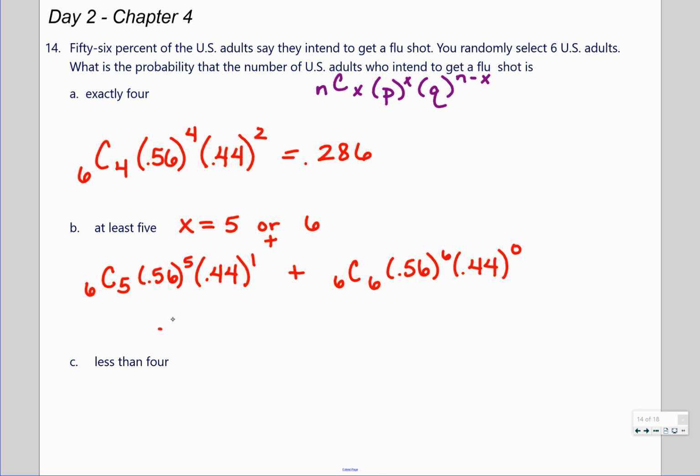First one's going to give me a 0.145. Second one is going to give me a 0.031. Let me add them up. 0.176.